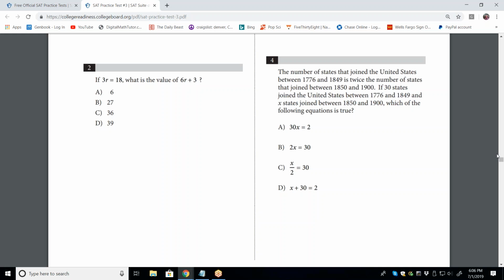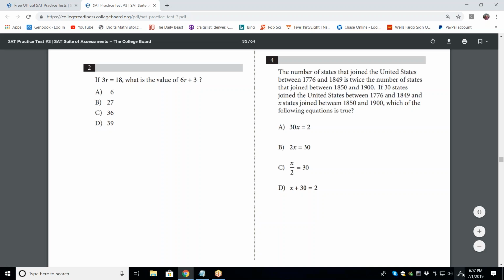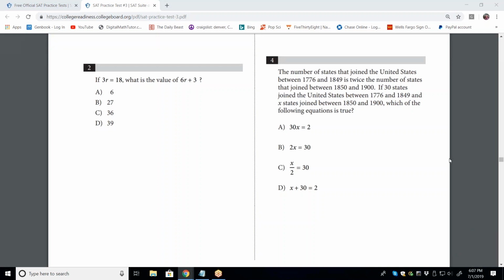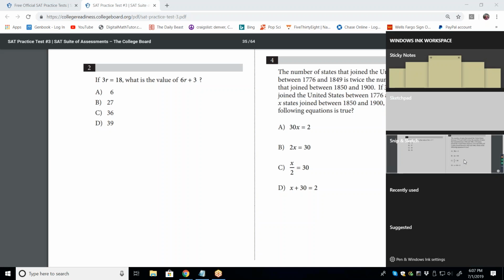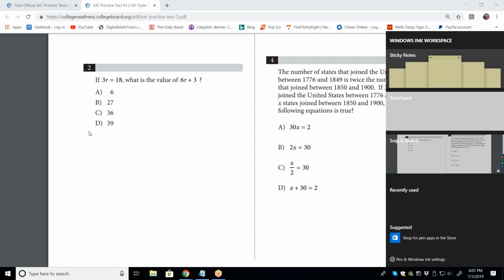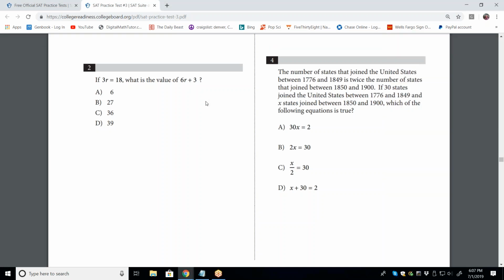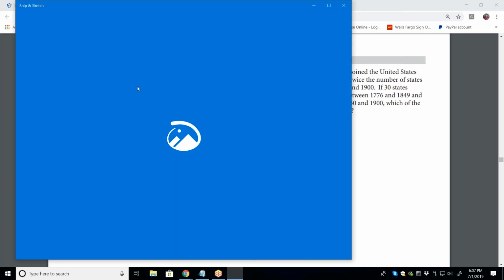What's the first thing we need to do? No. Don't try to do it the easy way. Try to do it the regular way.